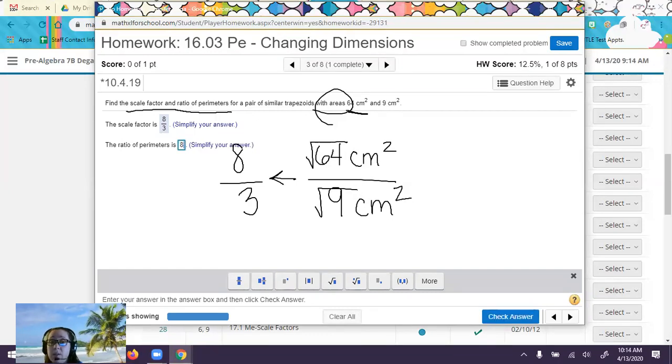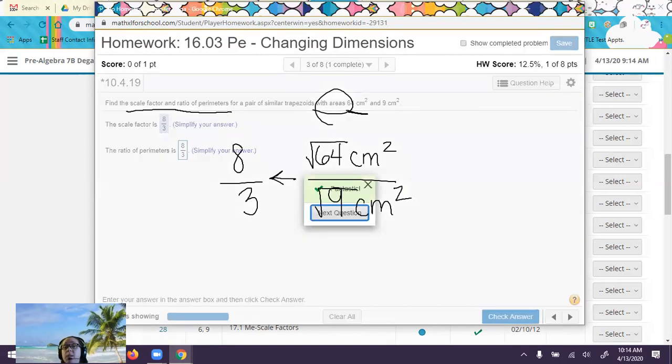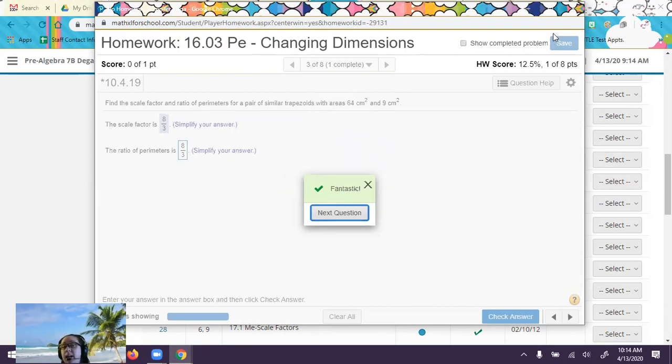And then the ratio of perimeters is the same thing, 8 over 3. So perimeters work the same way as the regular scale factors, okay? If they give you areas, just take the square root to get the scale factor and then the ratio of perimeters. What this is saying is that if I knew a side length, I could figure out the other.